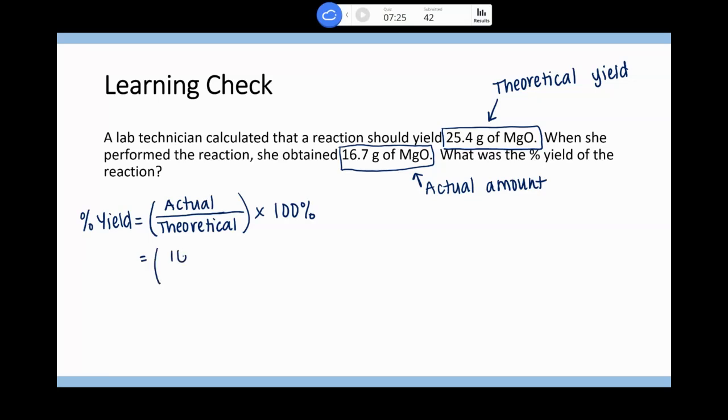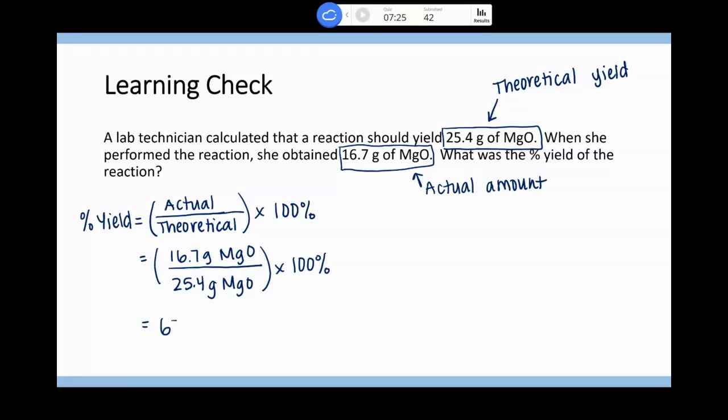Our actual amount is 16.7 grams. The theoretical amount is 25.4 grams. Multiply by 100%, and this is 65.7% yield of MgO.